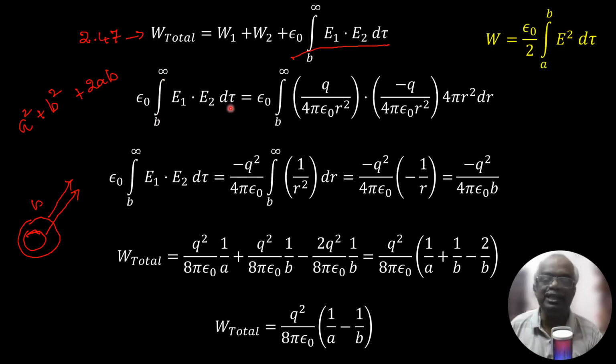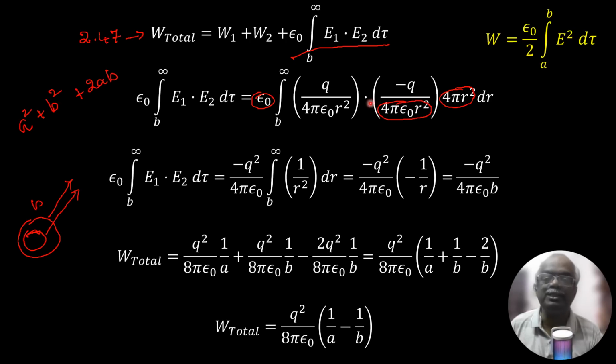So E1 dot E2: E1 is q divided by 4 pi epsilon naught r squared, and E2, since the outer sphere is charged by minus q, is minus q divided by 4 pi epsilon naught r squared. d tau I am replacing with 4 pi r squared dr. Now you can see this epsilon naught and this 4 pi r squared will cancel with one of the 4 pi epsilon naught r squared.